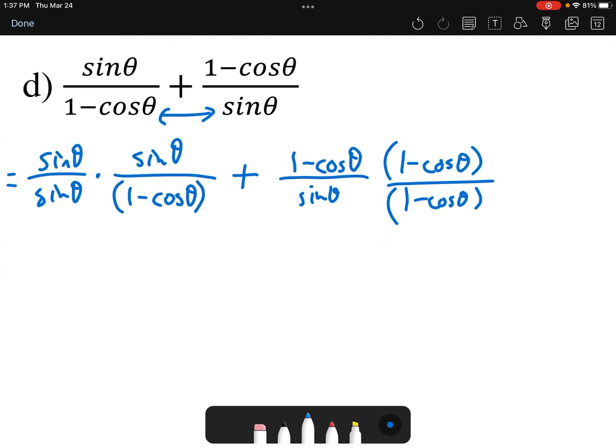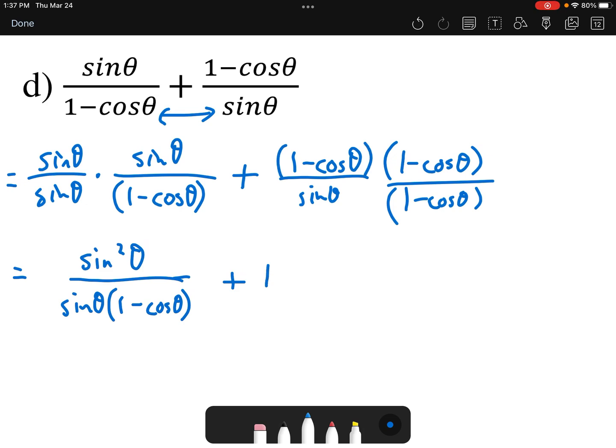So now I can see that I can multiply my sine times sine and have, now here's a little trick. Don't multiply your denominator unless it looks like it would simplify. In this case, you'd just end up with sine minus sine cosine, which wouldn't help any. So we're just going to leave it like this.